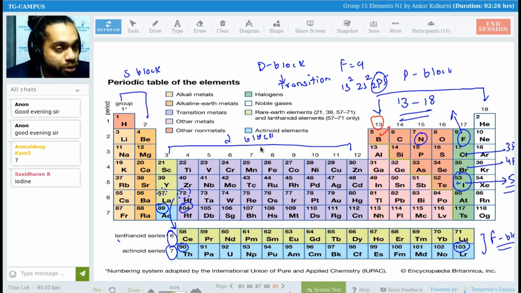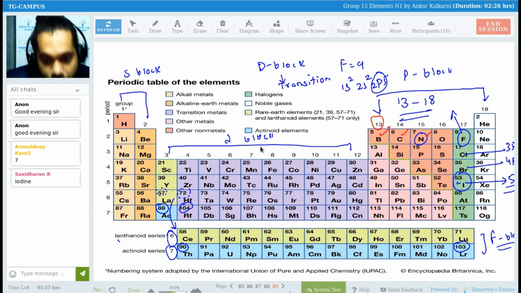So group 13 is also called the boron group. Group 14 is also called the carbon group. Group 15 is also called the nitrogen group. So in the exam, do not get confused. If someone asks you the trend for the nitrogen group, that means they are asking for the whole group. When they name the first element of a group, they mean the whole group.